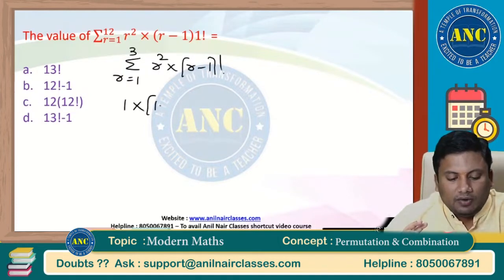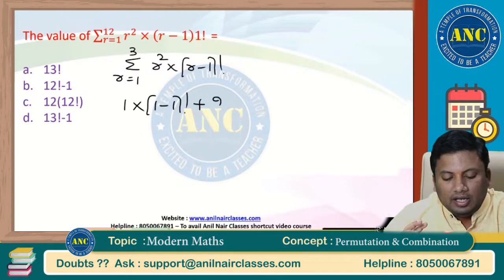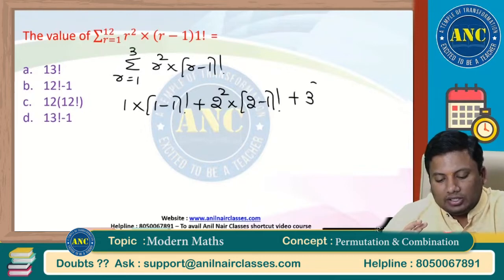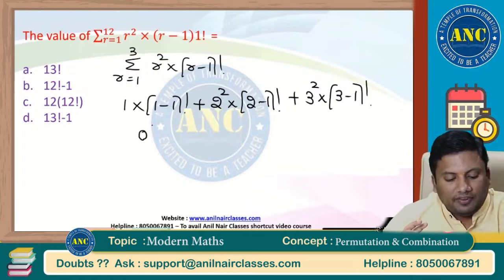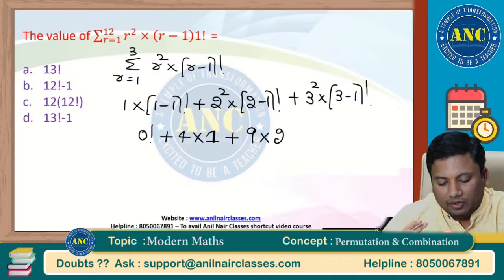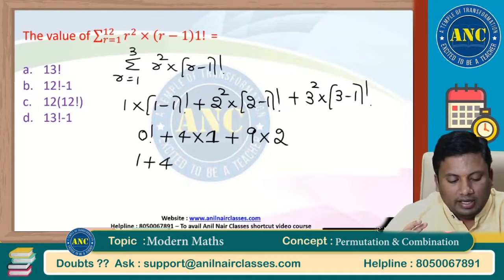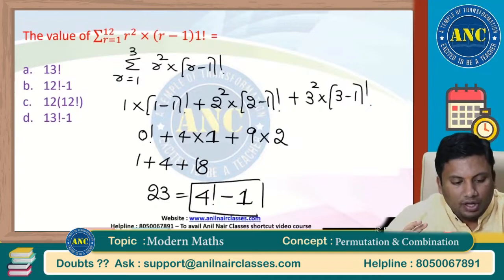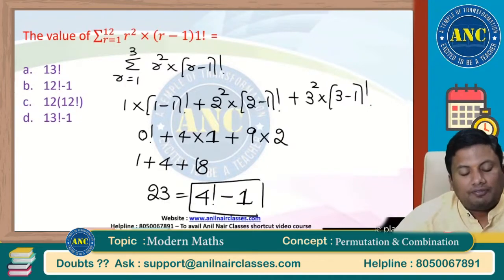This is nothing but 1 into 1 minus 1 factorial, next 2 square into 2 minus 1 factorial, next 3 square into 3 minus 1 factorial. 1 minus 1 factorial is 0 factorial, which is 1. 4 into 2 minus 1 factorial is 4. 3 square is 9, and 3 minus 1 factorial is 2, so 18. The total is 23, which is 4 factorial minus 1. For 3 terms I got 4 factorial minus 1, so for 12 I will get 13 factorial minus 1.